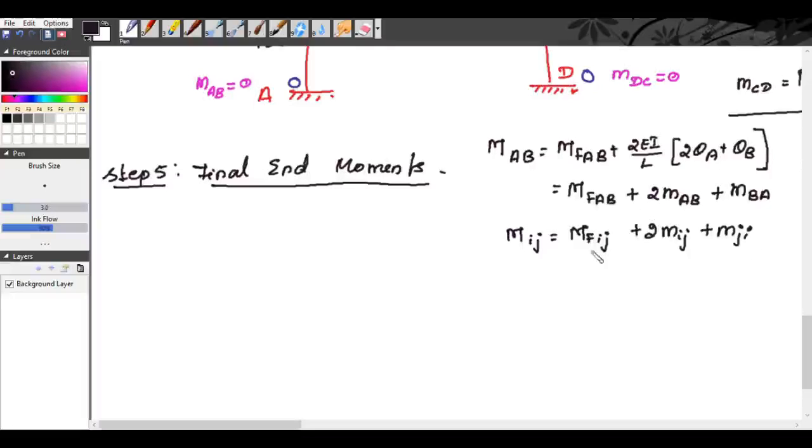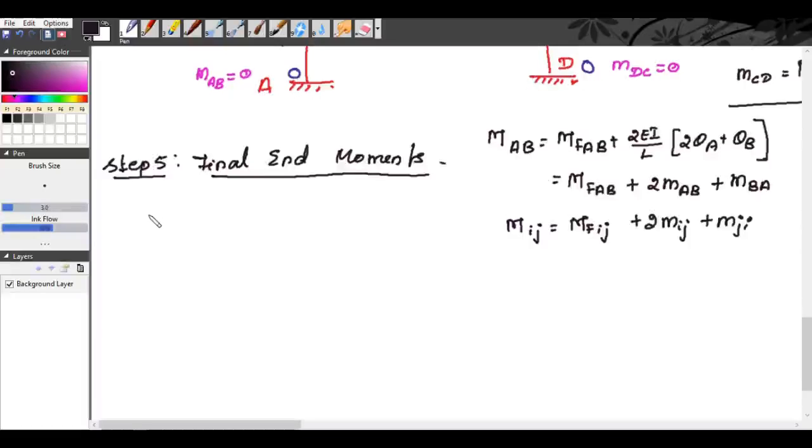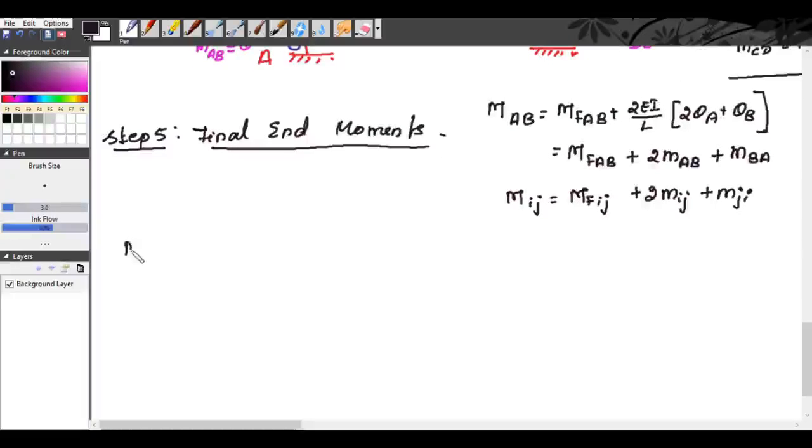Now we will write these values: MIJ, MFIJ, 2MIJ, MJI, and finally MIJ is equal to MFIJ plus 2MIJ plus MJI. That is 1 plus 2 plus 3, this plus this plus this.